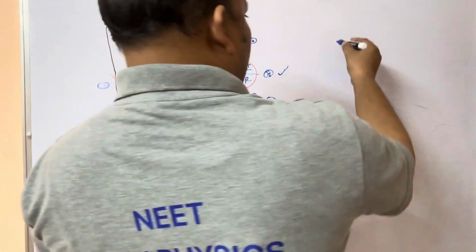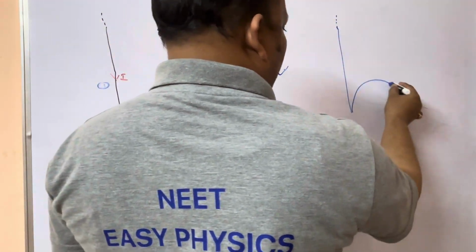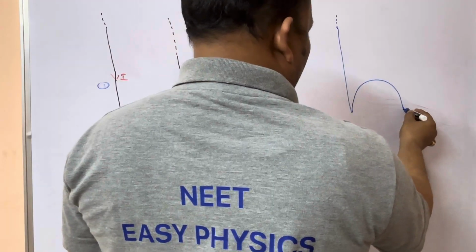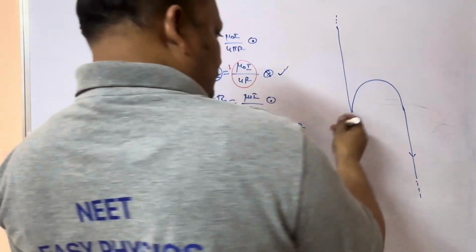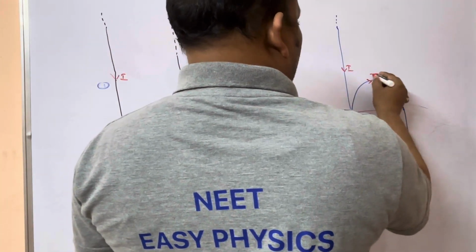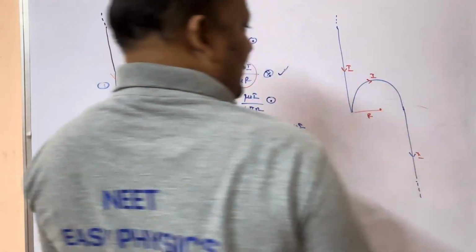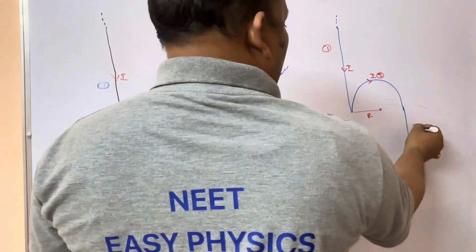So, if they give the same question like this, I, this is going to be I. Now again 1, 2, 3.